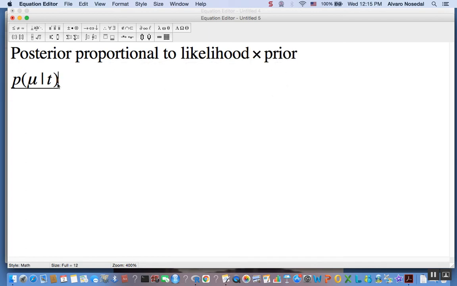Okay, so now our likelihood is the probability of observing a particular value of t, total particle count, given mu, times our prior p of mu.